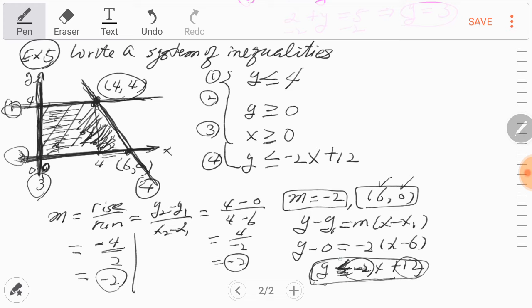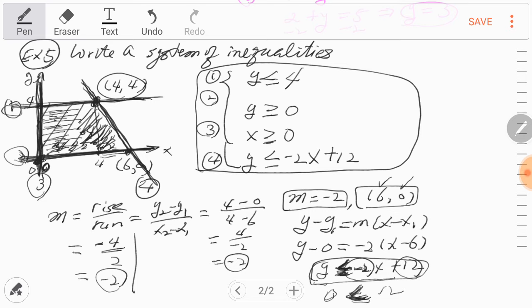Why did we use the less than symbol? We can try a point, so let's try (0, 0), which is a solution of the fourth inequality. Plugging in (0, 0), 0 is less than 12, which is correct. So to make it correct, we use the less than symbol. So this is the system of linear inequalities.